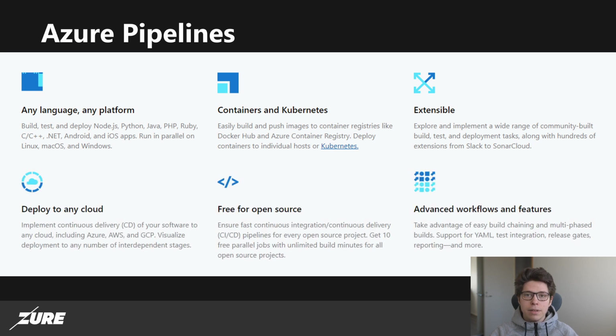They also provide the capability to deploy to any cloud because, even though there's Azure in the name, you can do whatever you want with them. And you get a lot of stuff for free, even if you're not doing open source. But I think almost everything is free if you are doing open source. And they also have some advanced features like release gates and, in this sense, YAML pipelines as well.